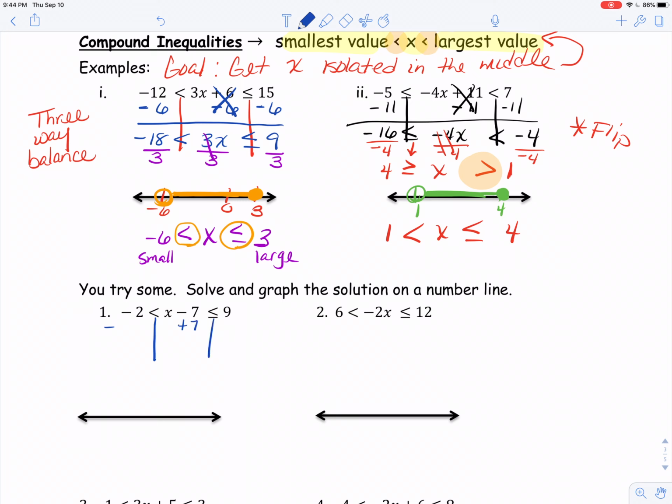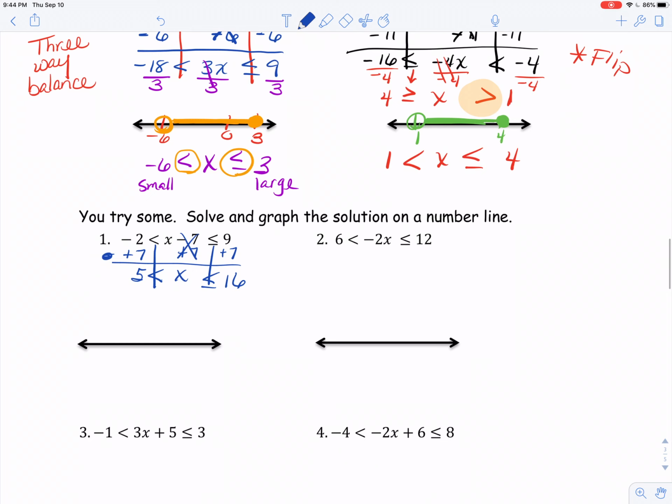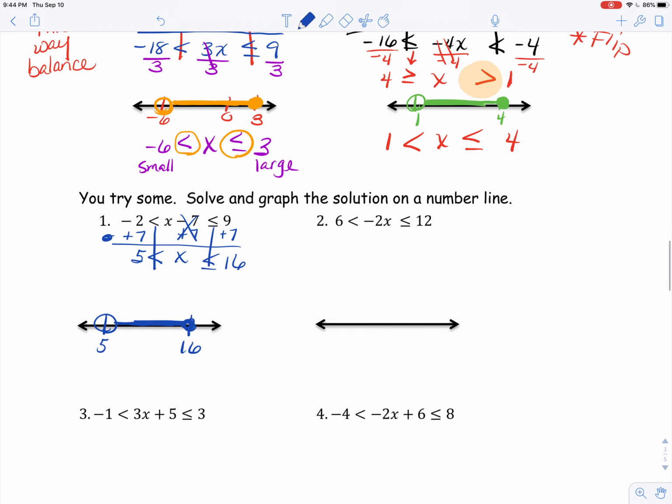Plus 7, plus 7, plus 7. So 5 is less than x is less than or equal to 16. So open circle on 5, closed circle on 16. X can be anything in between, including 16. If you were doing that with parentheses and brackets, it would look like this.